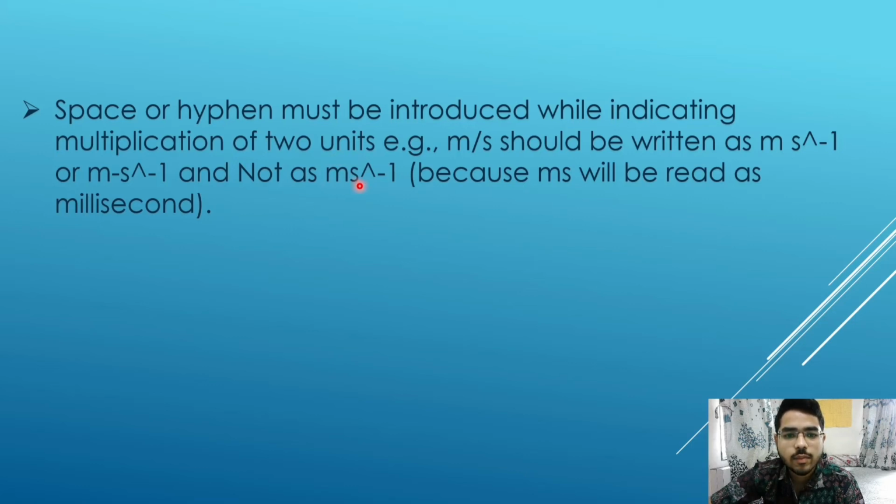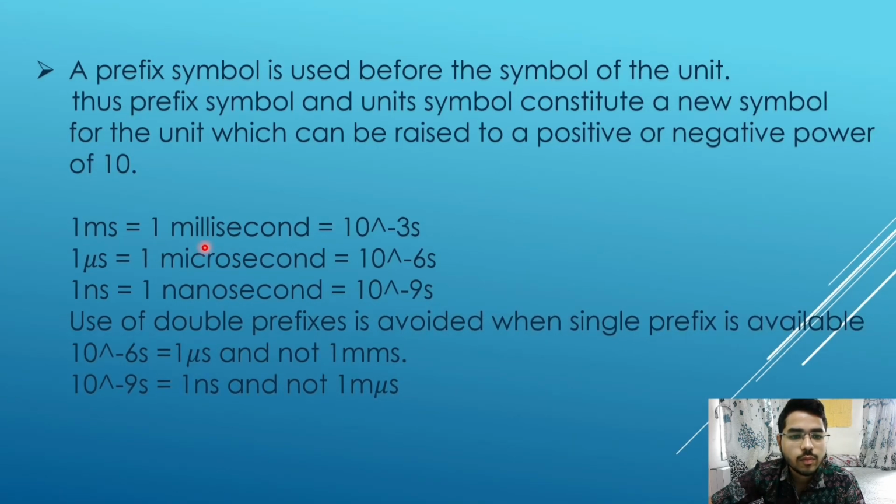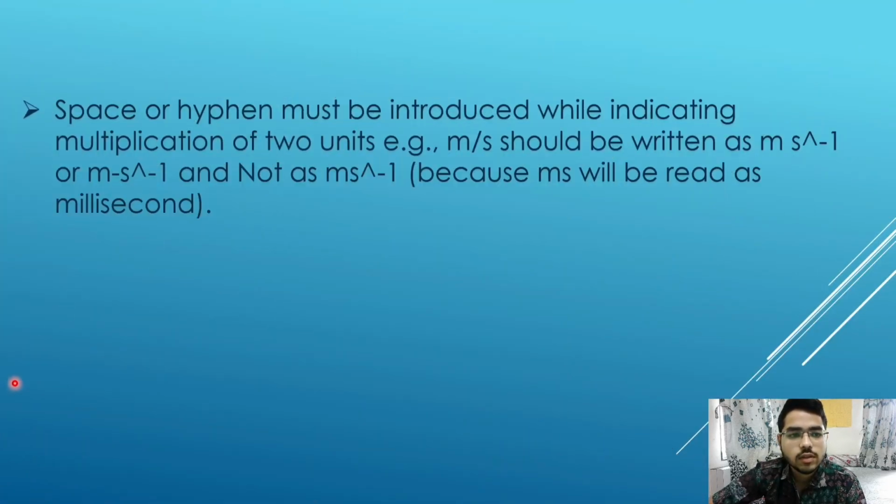That is, ms raised to minus 1 would become millisecond, where m stands for milli, as we have seen on the previous slide. So the dimensions will be wrong while calculating. Here space and hyphens are used.